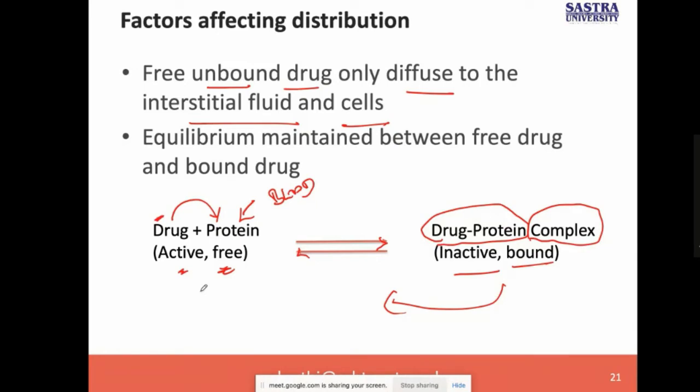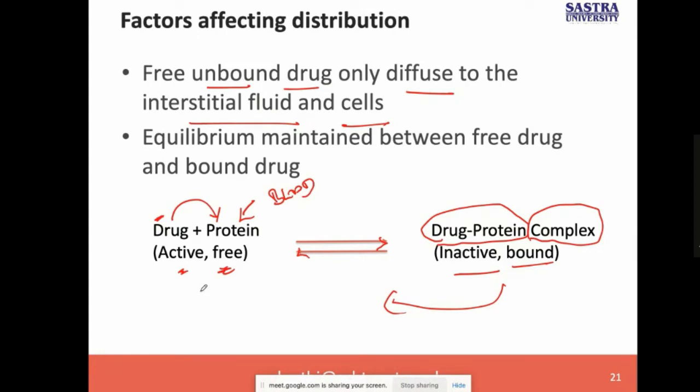So what happens if the drug target is within the blood? All our discussions so far relate to the drug target being present somewhere inside the cell.